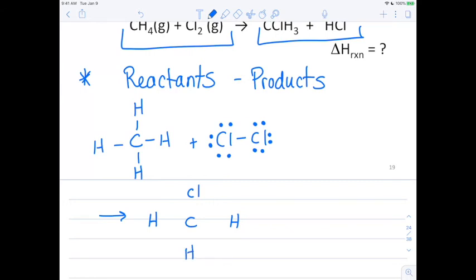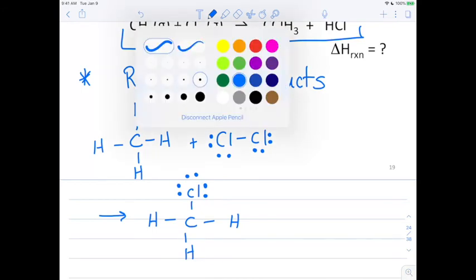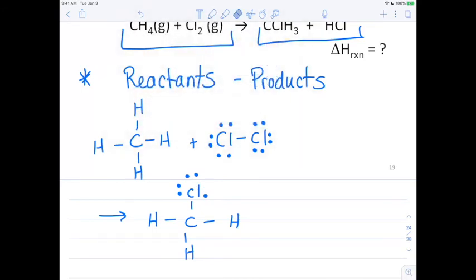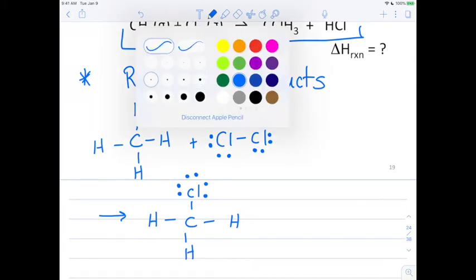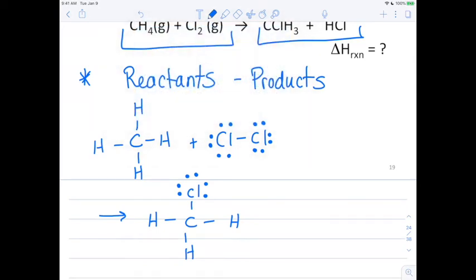I put the chlorine on the top, but I didn't have to. I could have put it anywhere. I'm going to go ahead and add in the lone pairs. All right, and then we have our HCl, which looks like so.